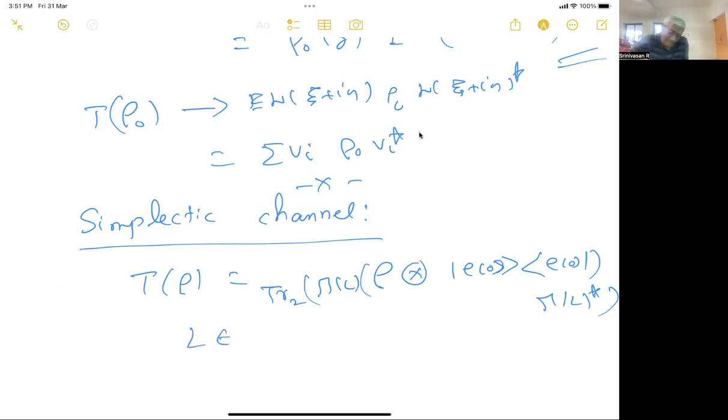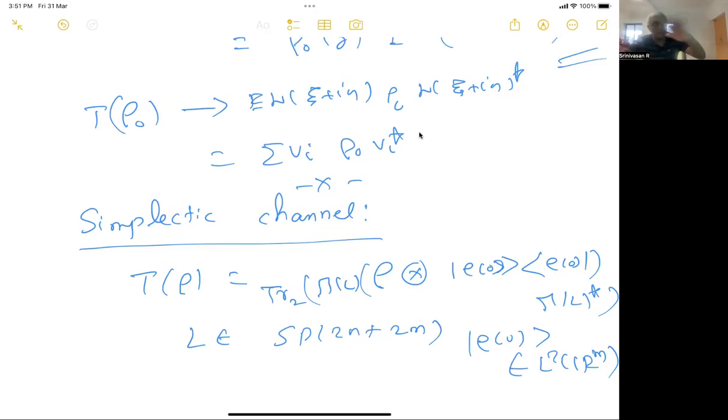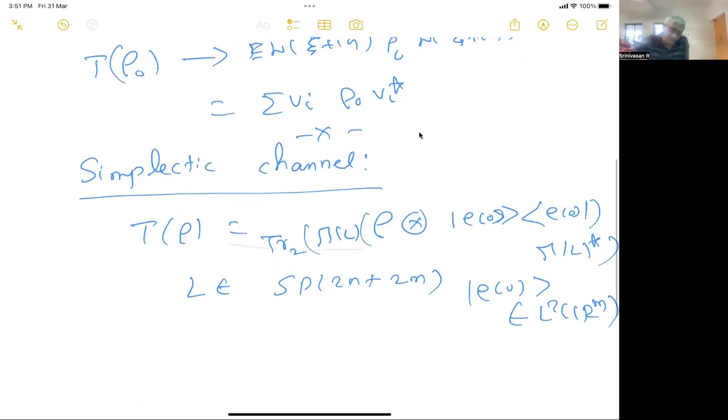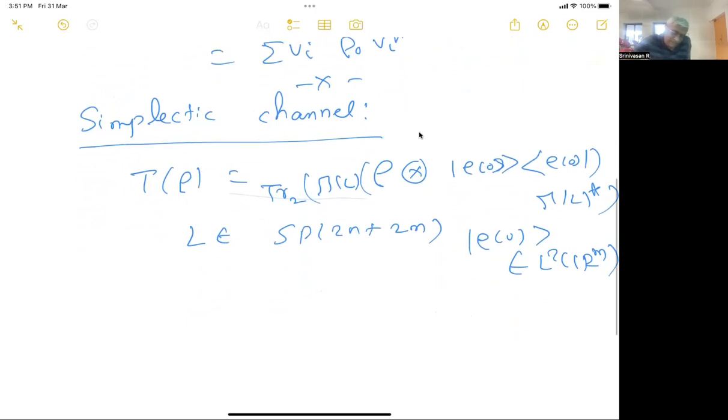Where L is in SP 2n plus 2m, and this E0 is in L2 of Rm. This is a vacuum vector in L2 of Rm, so it is well defined. Trace 2 means you just take the trace over the second Hilbert space, L2 of Rm, and you get this. Okay, so this is what is called a symplectic channel.